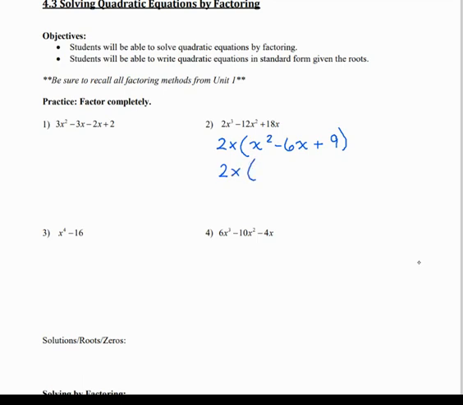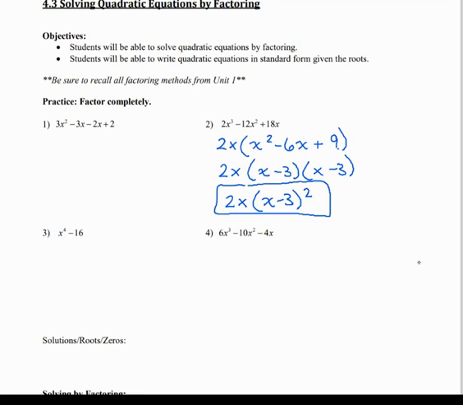And now I have a trinomial with leading coefficient of 1. So what multiplies to 9 and adds to negative 6? It's x minus 3 and x minus 3, which you could leave as is, or we could write that as 2x times the quantity x minus 3, all squared. Okay, so just our factoring.